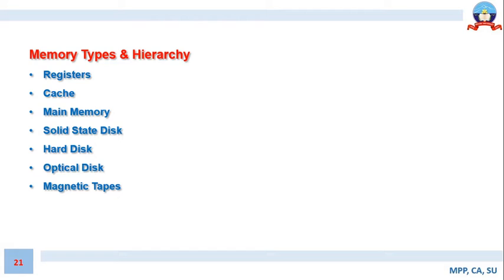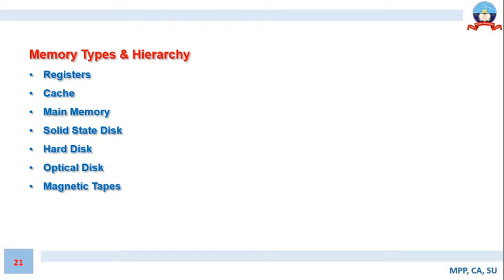Since it's an onboard memory, we can have only a limited number of registers in the CPU. But it's a very high speed memory, and it's the only memory with which the CPU interacts. In terms of performance, it's very high performance memory, but in terms of size, it's relatively small compared to other memory.